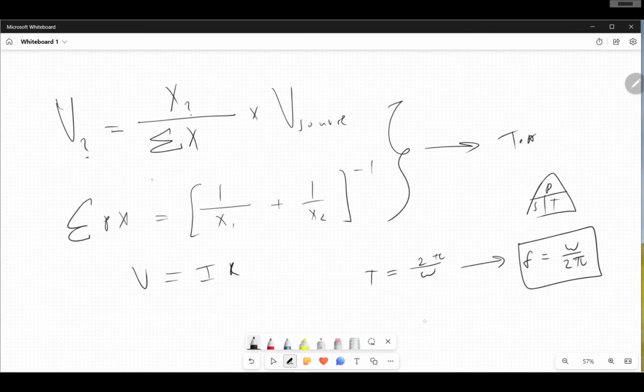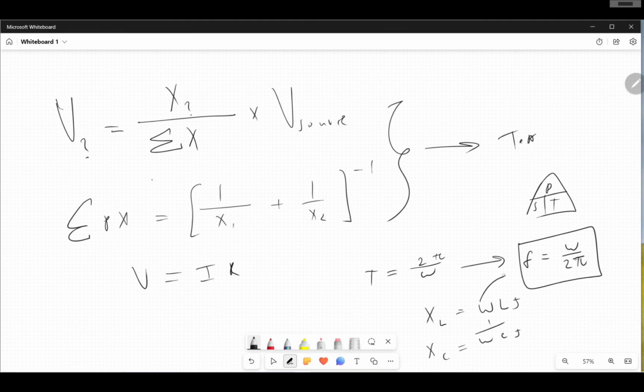Also, you need to remember that the impedance of an inductor is equal to omega L j, and the impedance of a capacitor is going to equal 1 over omega C j, but it will be in the bottom.